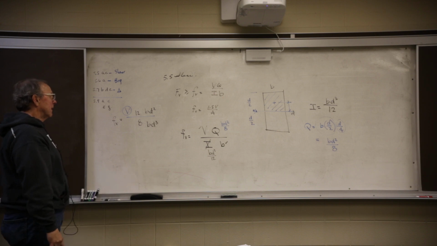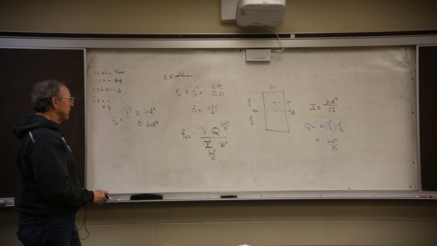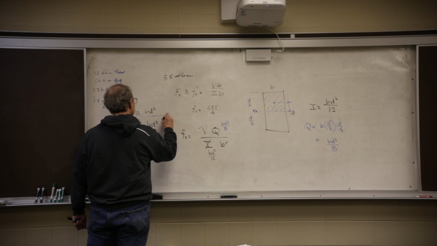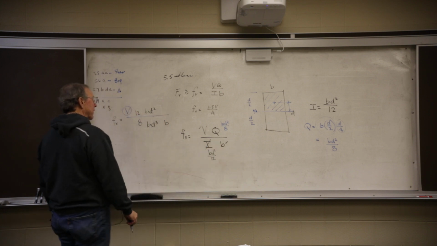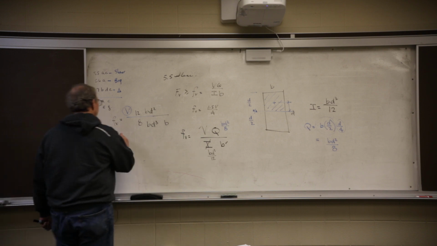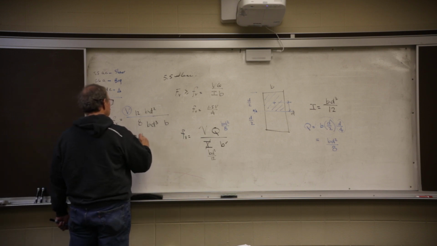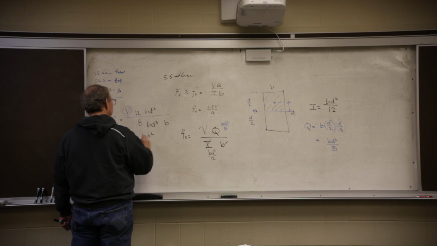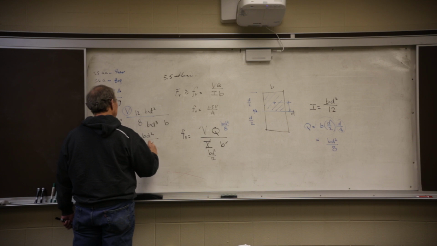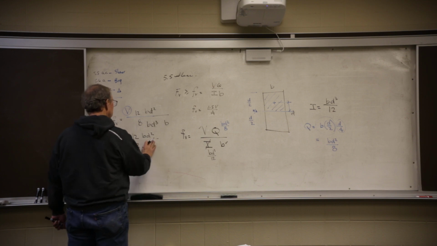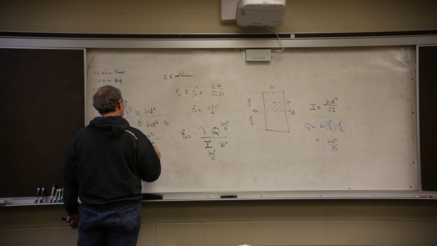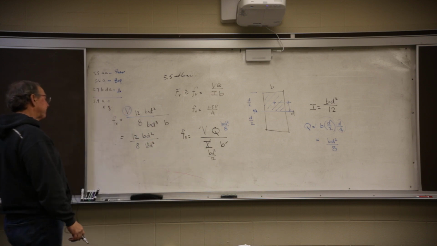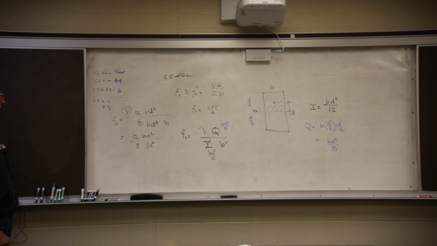Okay? Hopefully that equals that. And I got another B at the bottom here. So I got another B to worry about. So I flipped and flipped. Now I've got 12 BD squared divided by 8 BD to the 4th. No, I lied. B squared D cubed. That look better?